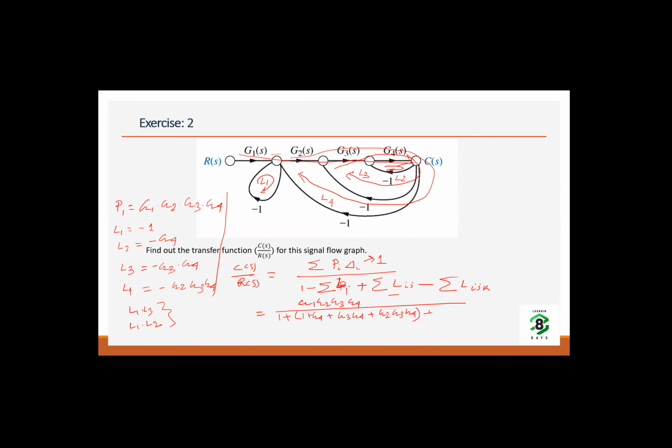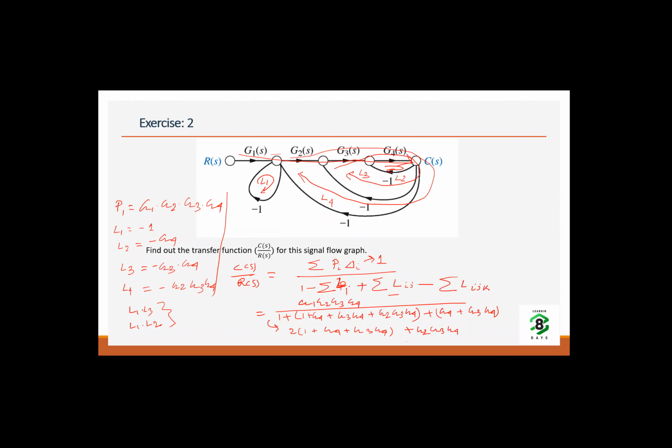Now comes the product of 2. So L1, L3, if you multiply, is G3, G4, and L1, L2 is G4. So this is again G4 plus G3, G4. You can simplify this denominator as 2 into 1 plus G4 plus G3, G4, plus G2, G3, G4.